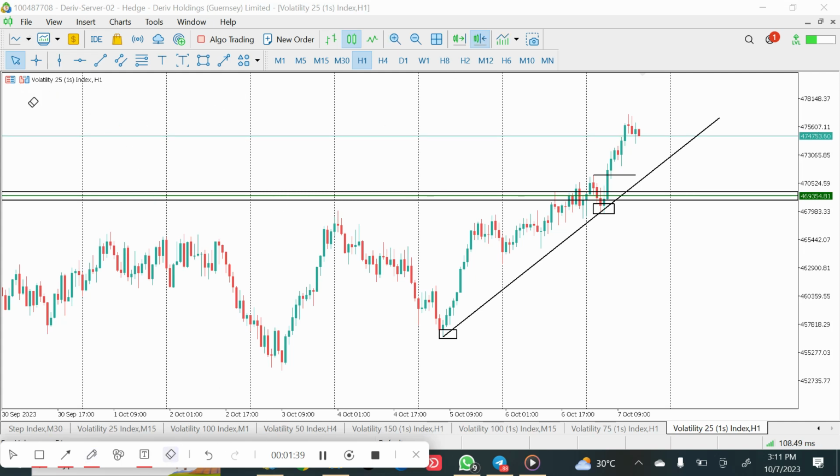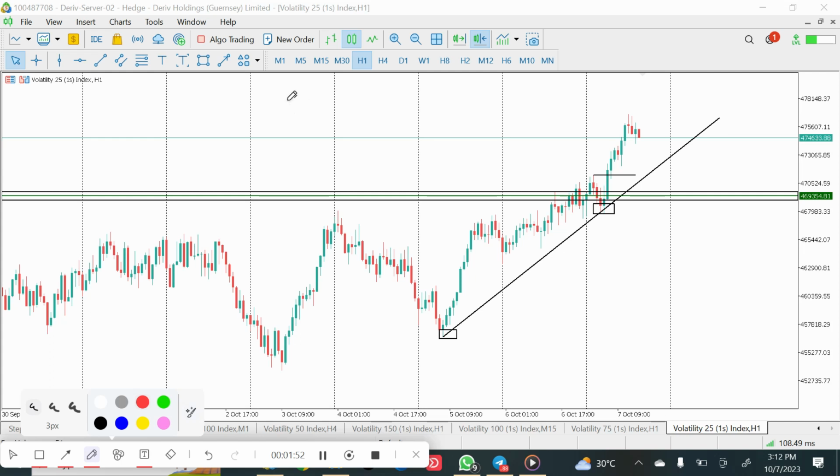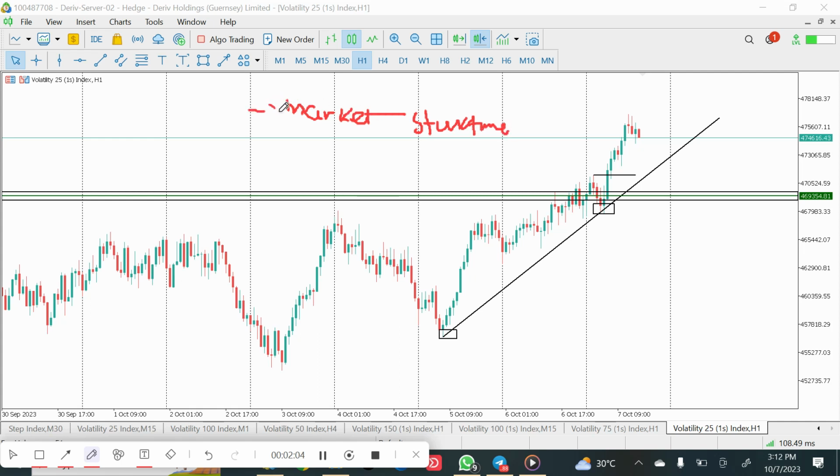Okay, so before any other thing, I follow these processes when I'm trading. First, I need market structure analysis. Okay, market structure analysis to know my directional bias.